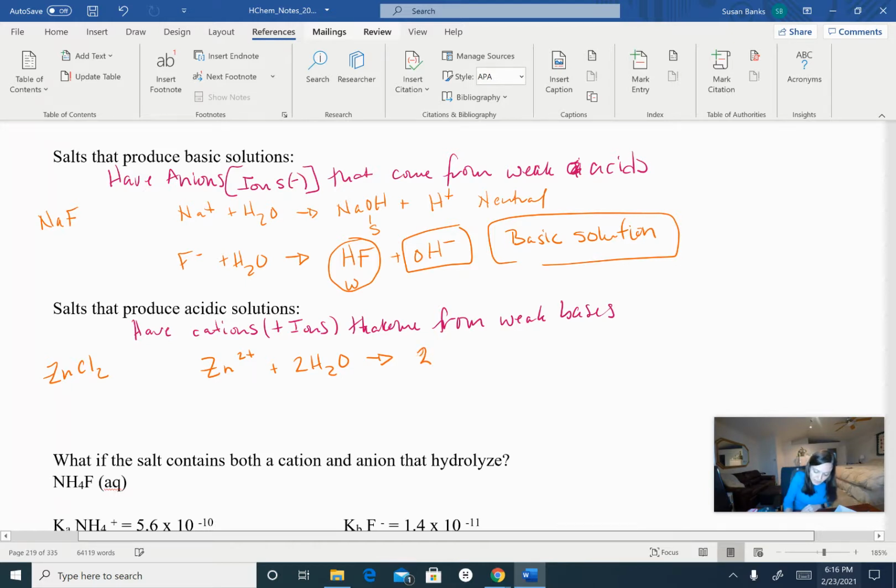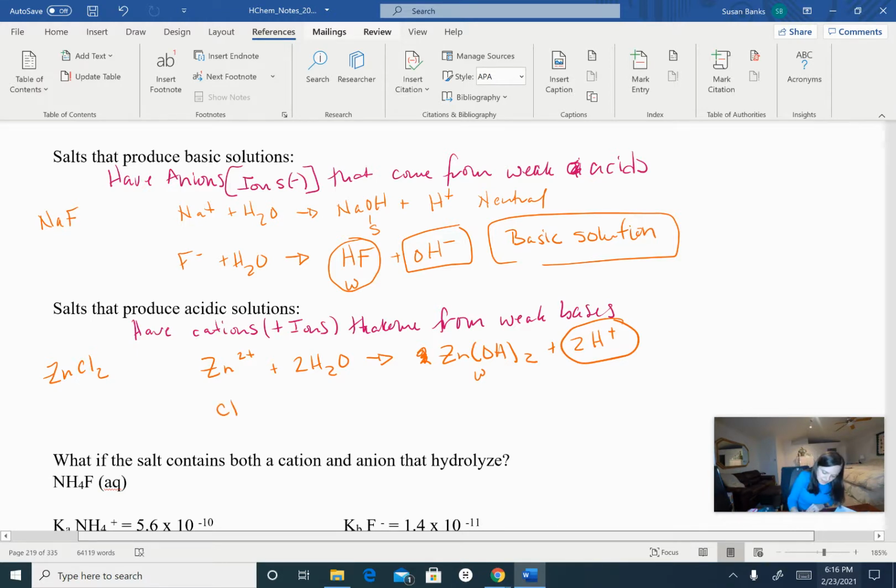So I will make zinc hydroxide and 2 hydrogens. Now, is zinc hydroxide a strong base? Is it a group 1? No. So is it strontium, barium, or calcium? No. So that is weak. So that's going to stick together, and that's going to leave us excess hydrogens.